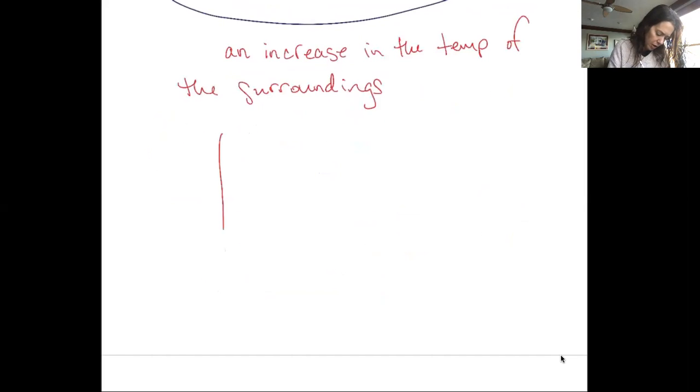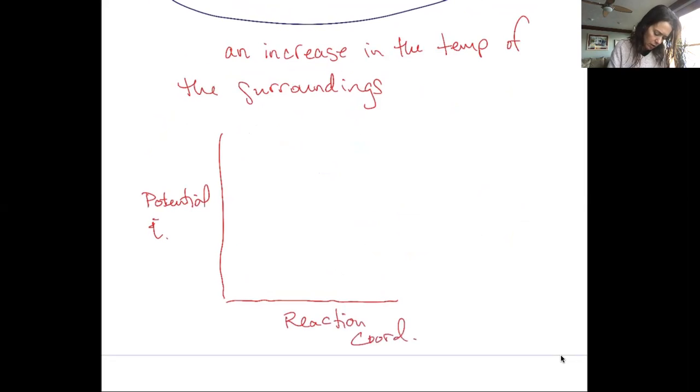If we looked at a reaction energy profile, potential energy versus reaction coordinate, for exothermic, the reactants would be here and the products would be here.